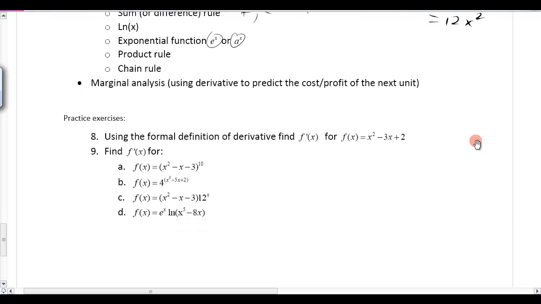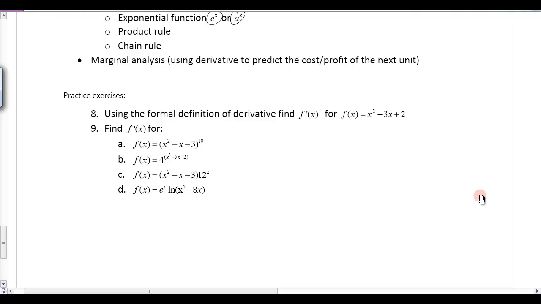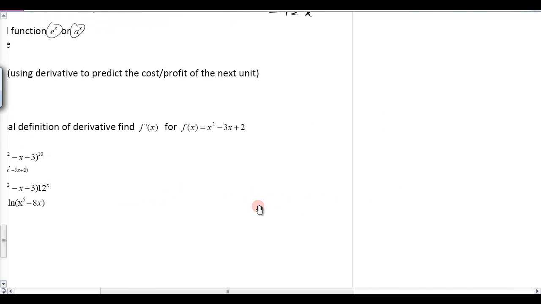Okay, so just practicing some derivatives. Using the formal definition of derivative, find f prime of x for this function. So f prime of x is equal to the limit as h approaches 0 of this function. So everywhere I have an x, first thing we do is replace it with x plus h.